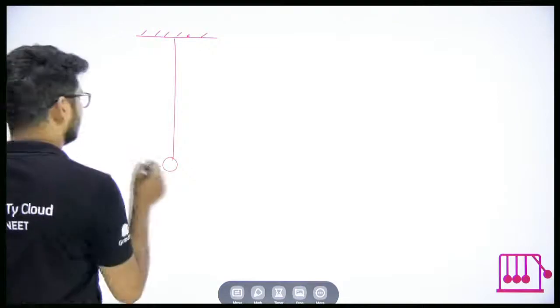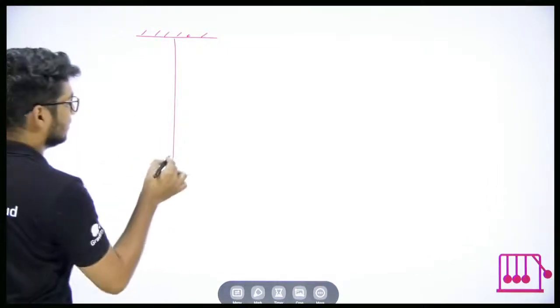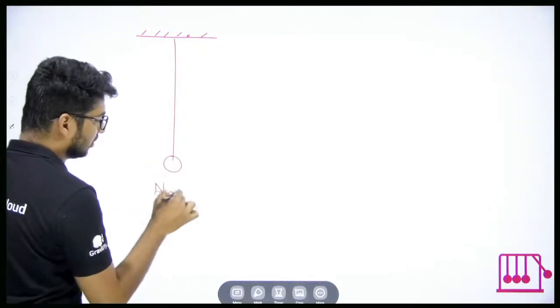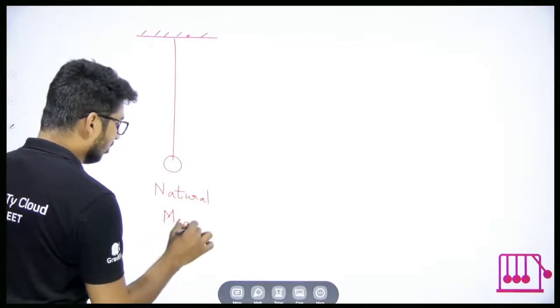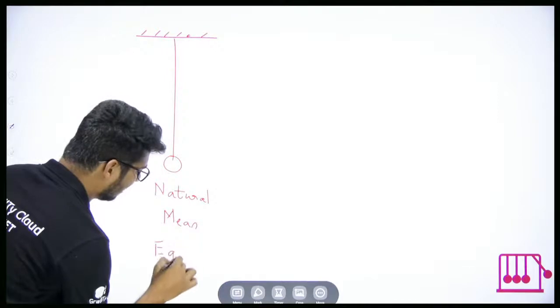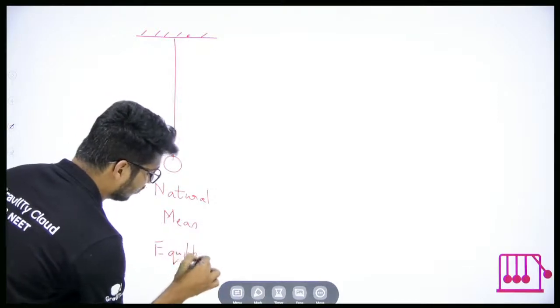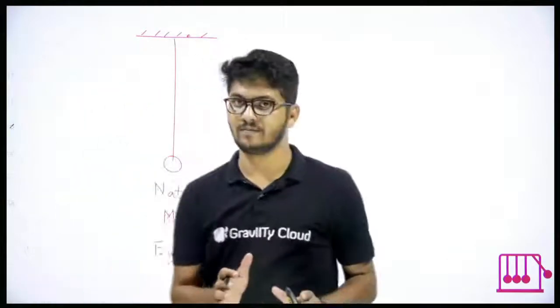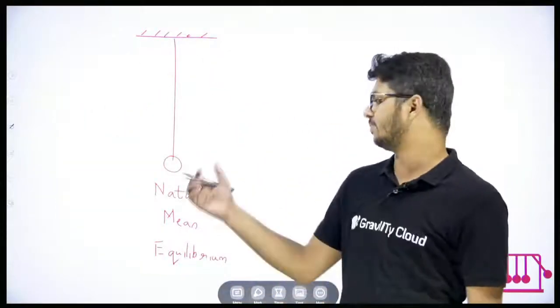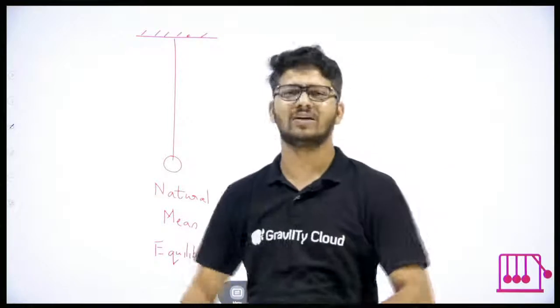So this is its natural position, or you can say mean position, or equilibrium position. There are different words for it, you can take any word. So when the pendulum is at rest, its position is the natural, mean or equilibrium position.